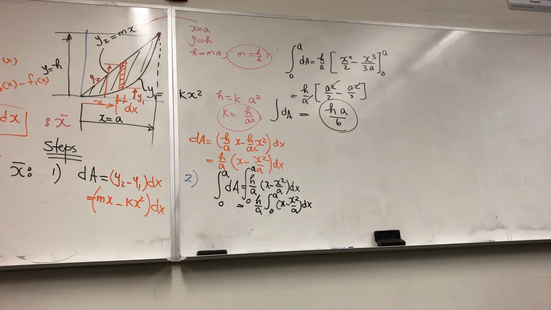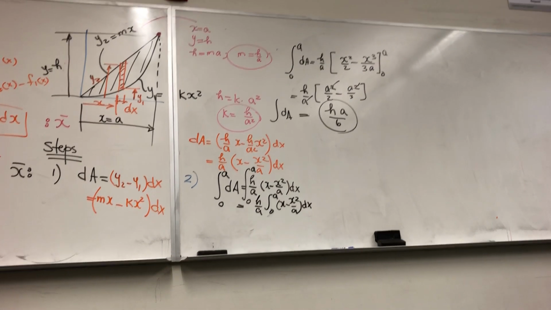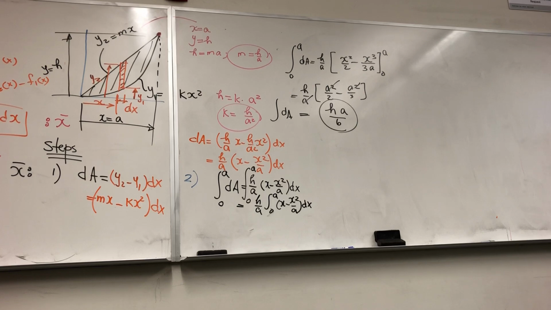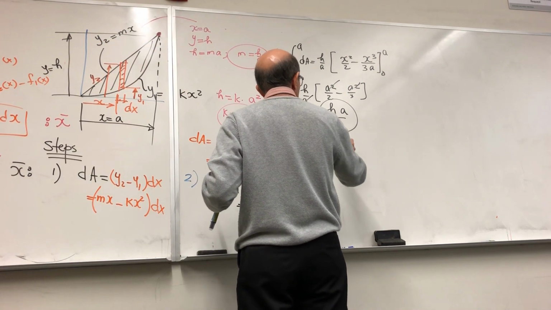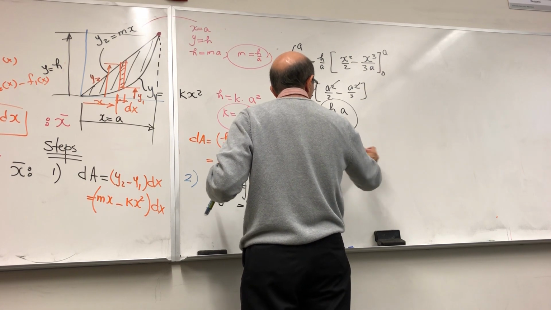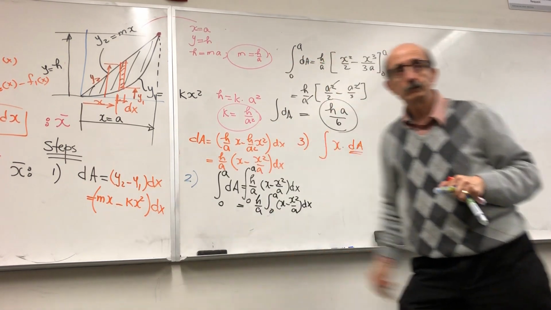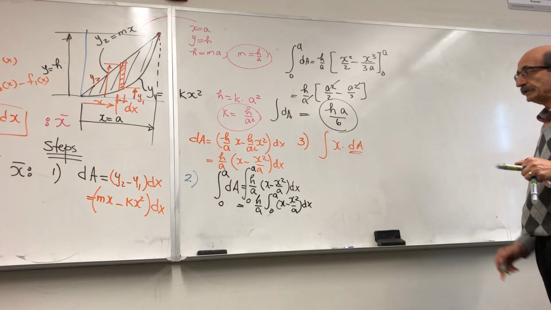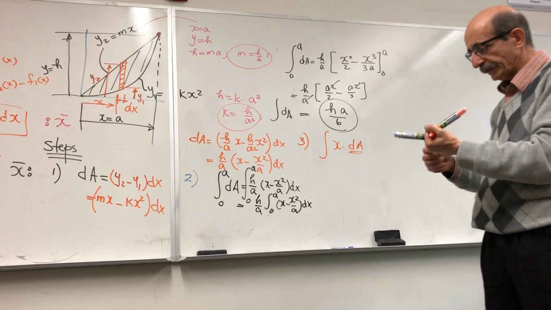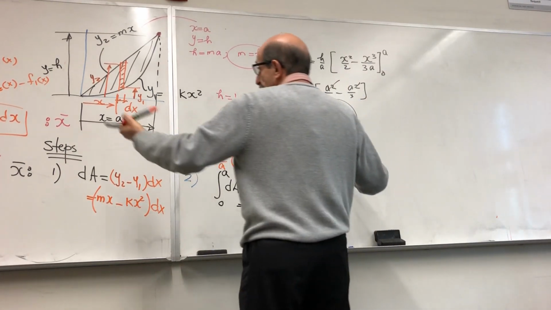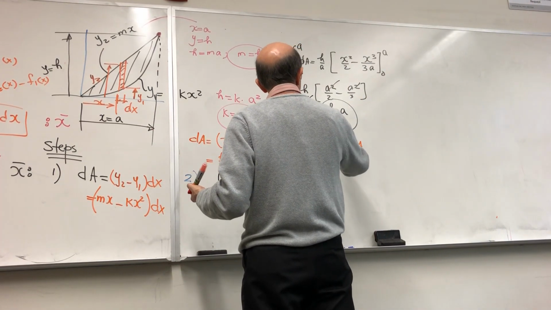So that's the second step. The third step, now you find the numerator. You already have the denominator. Numerator is easy, right? Step number 3, find x times dA. You already have a function for dA, or this simplified version. You just have to multiply that by x, and the bounds of integration are the same, 0 to a.